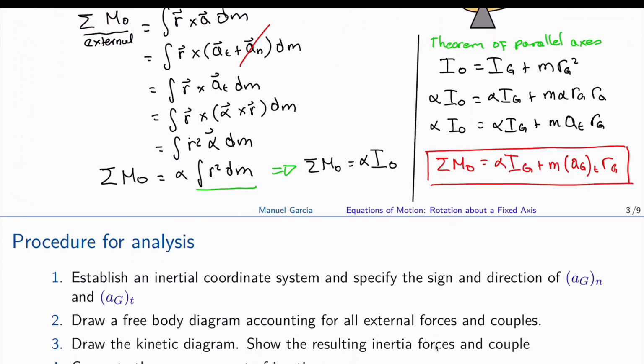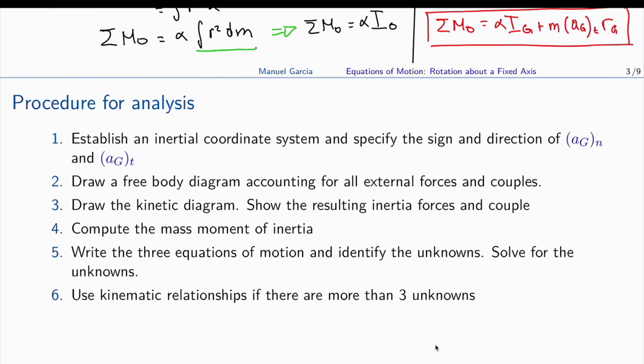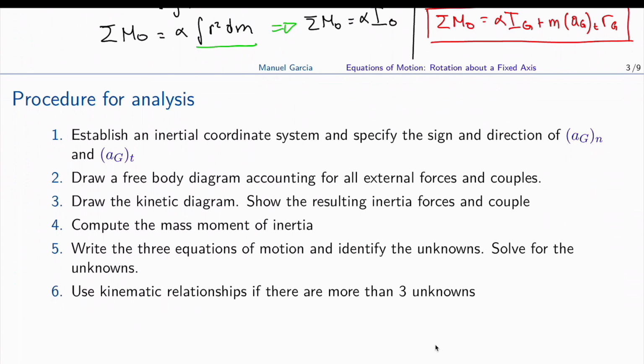Now, what is the general procedure to analyze this problem? We start by establishing an inertial coordinate system and specify the sign of the directions, the normal and the tangential direction. We draw the free body diagram and account for all the external forces and couples. Then we draw the kinetic diagram and show the resulting inertial forces and the couple.